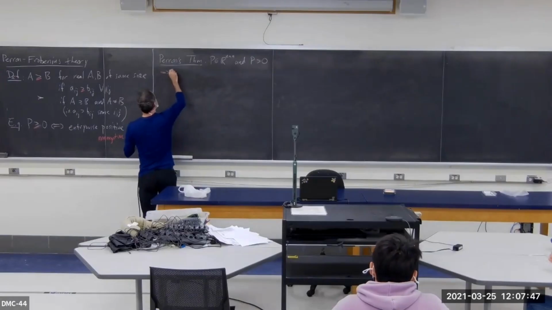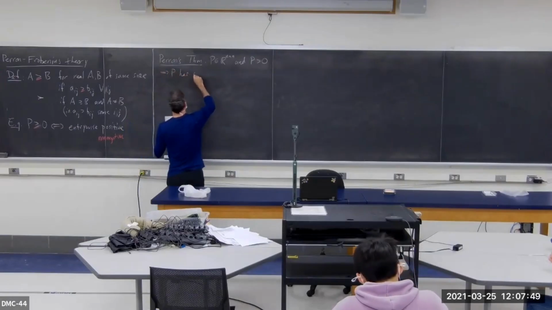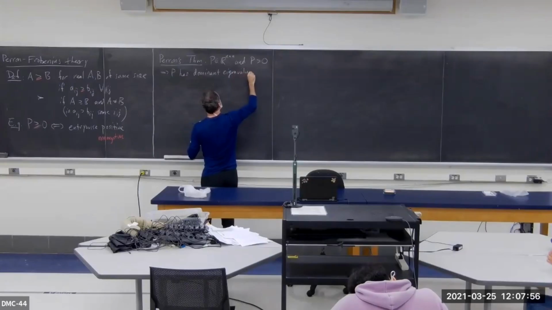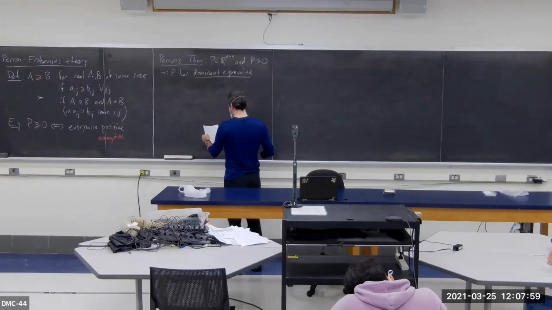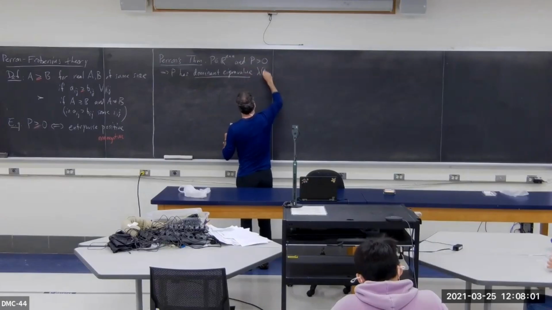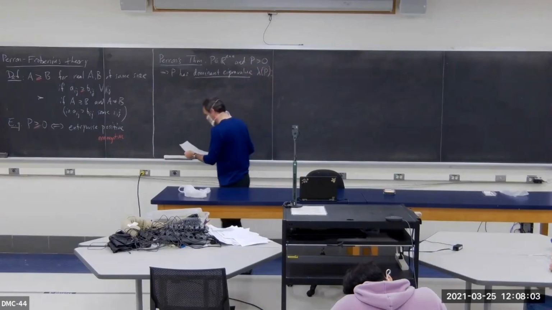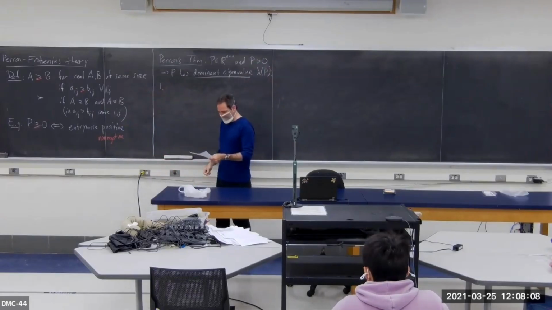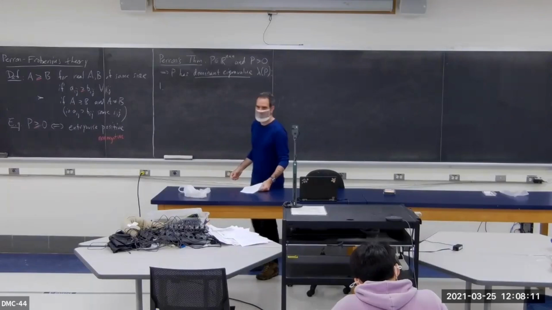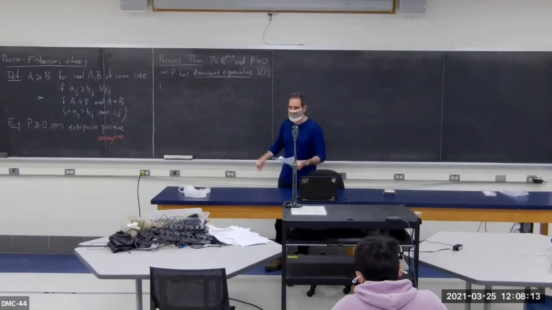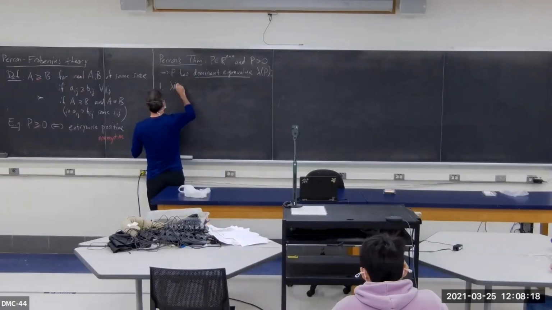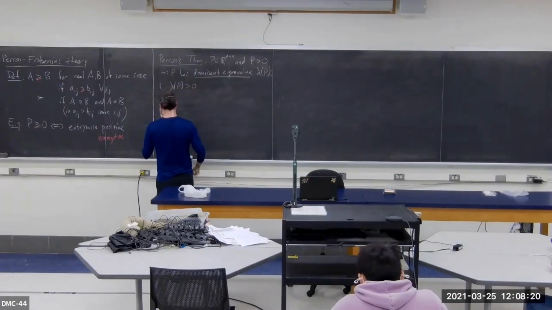Then P has what's called a dominant eigenvalue, lambda of P, and it satisfies some properties. You should think of this as being the biggest eigenvalue. So dominant is basically biggest. First of all, this eigenvalue is a positive number.